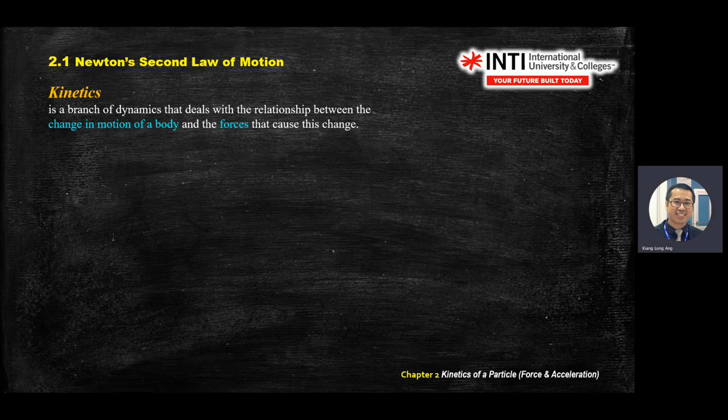So what happens if you don't have contact? For example, you shoot a bullet into the air. You don't have N, but you have something called drag or air friction. You become FD.